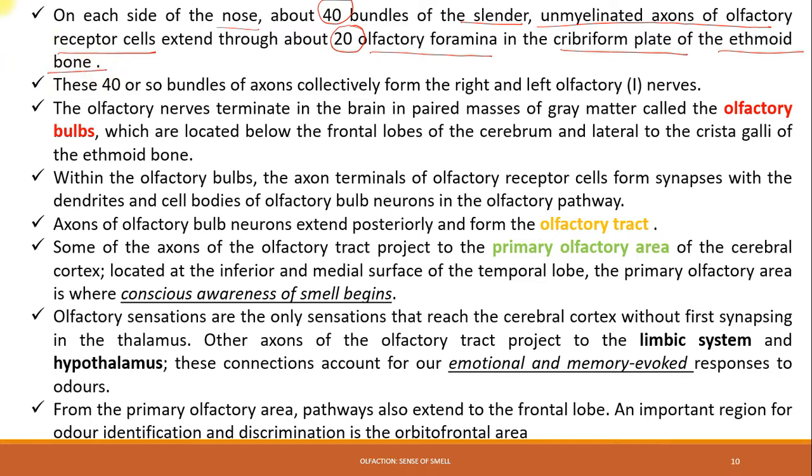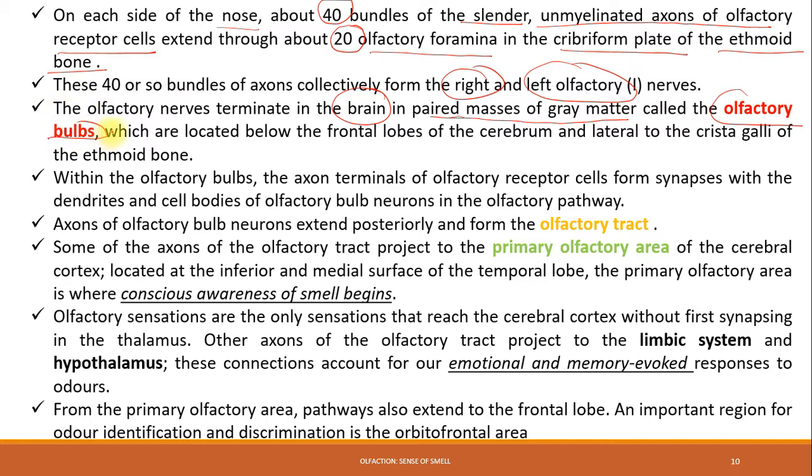These 40 or so bundles of axons collectively form the right and left olfactory nerves. The olfactory nerves terminate in the brain in paired masses of gray matter called the olfactory bulbs. So what is the olfactory bulb?